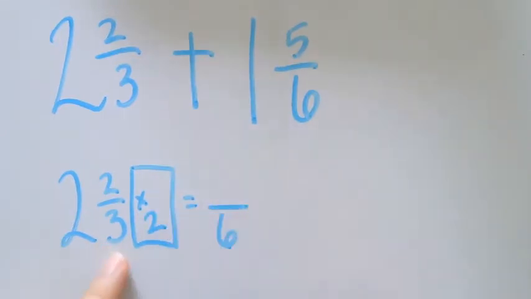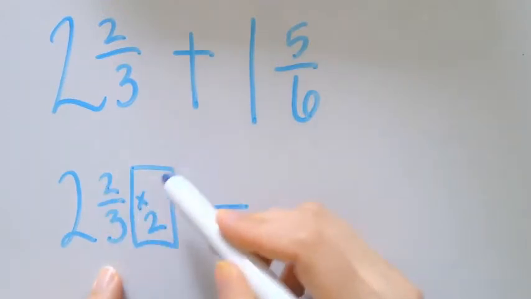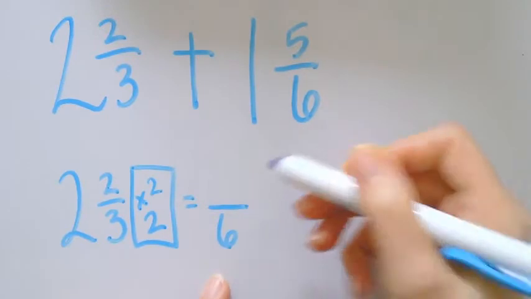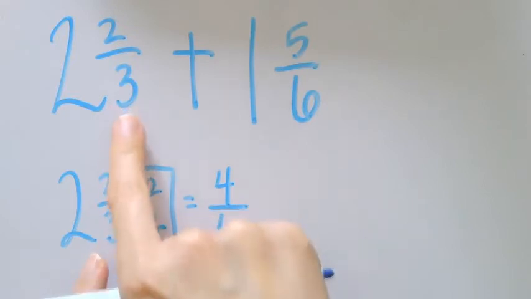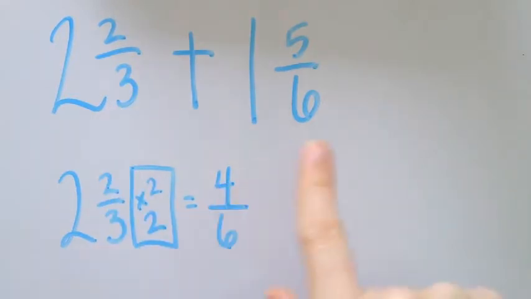So whatever you do at the bottom for your denominator, you must do also for your numerator. So 3 times 2 is 6. 2 times 2 would be 4. All right, so this now changes from 2 2/3 to 2 4/6. 2 4/6. Ooh, that's tough to say.